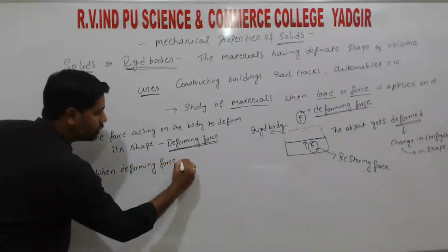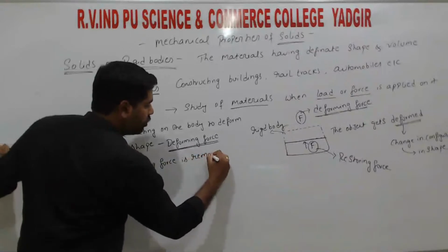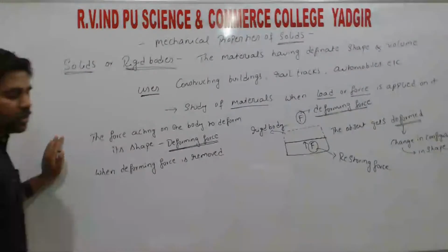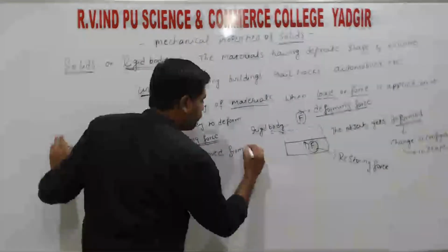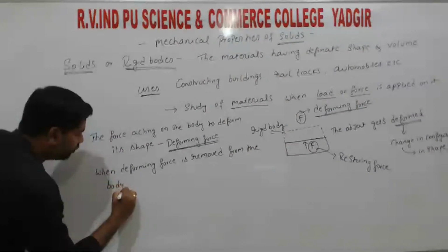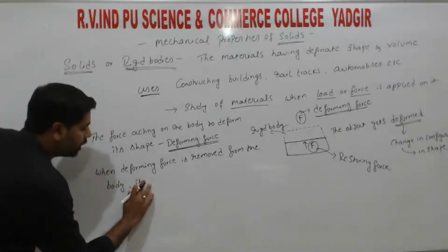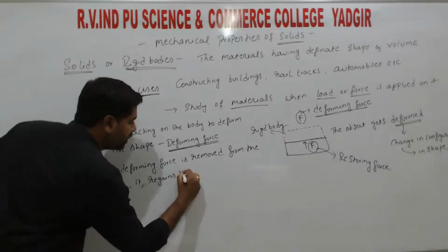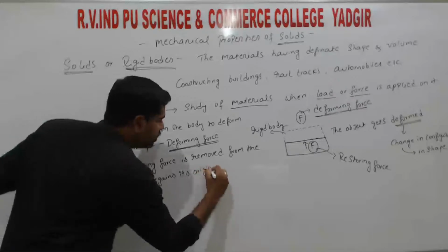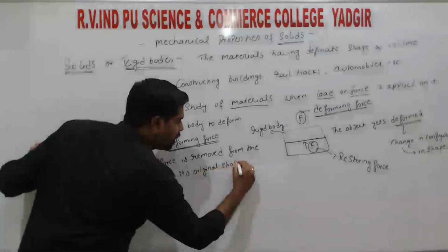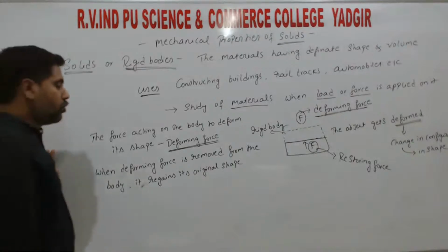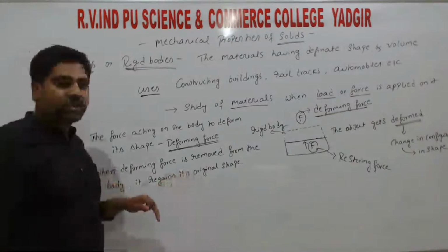When deforming force is removed from the body, it regains its original shape or configuration. ಇಲ್ಲಿ ನಾವು ಒರಿಜಿನಲ್ ಶೇಪ್ ಅಂತ ಏನಾದ್ರು ಮೆನ್ಷನ್ ಮಾಡ್ತೀವಿ ಅಥವಾ ಒರಿಜಿನಲ್ ಕಾನ್ಫಿಗರೇಷನ್ ಅಂತ ಏನಾದ್ರು ಮೆನ್ಷನ್ ಮಾಡ್ತೀವಿ, ರೈಟ್?